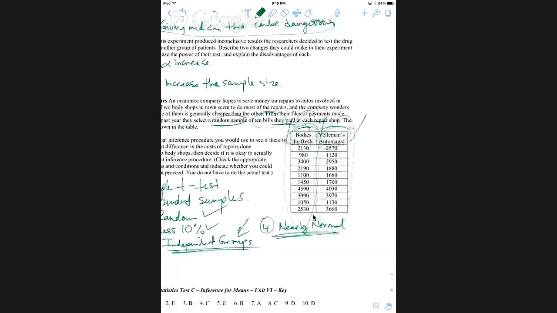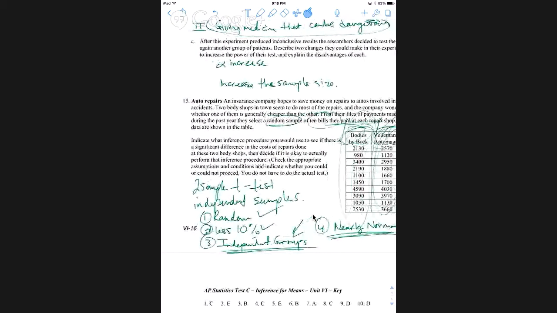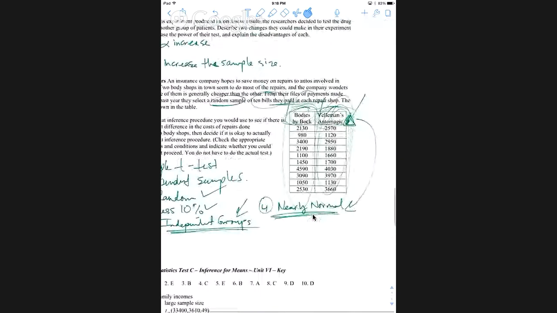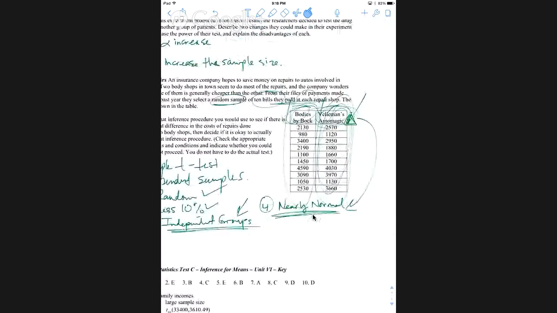So if these data right here are skewed, then it doesn't pass the nearly normal condition, which means we can't actually do the test. This problem says indicate whether you could proceed or not. We would say no, because Velleman's Auto Magic is too skewed.